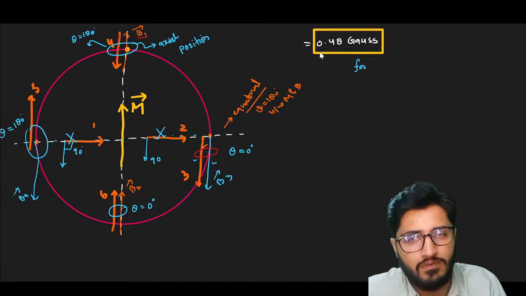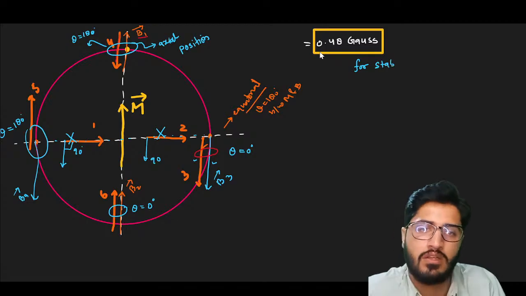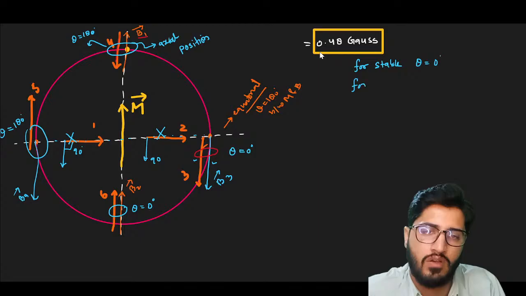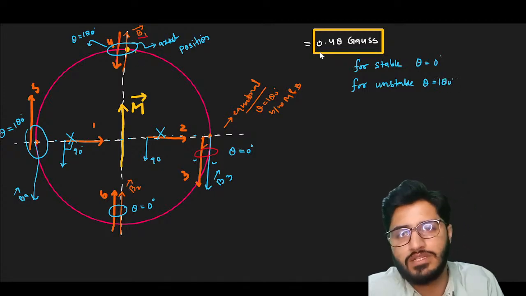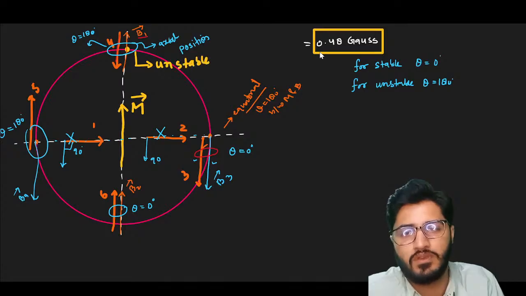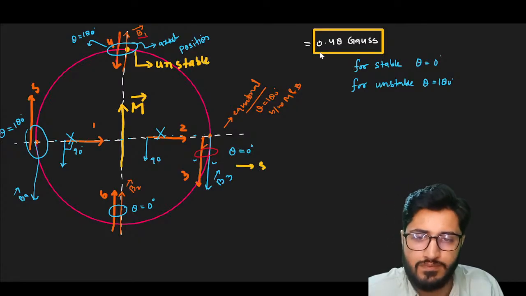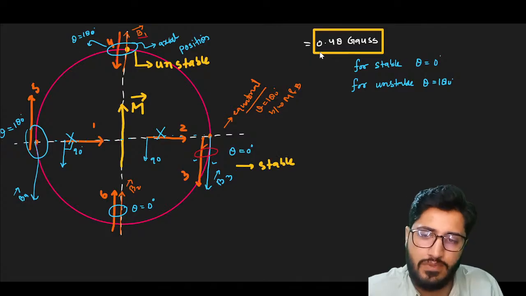For stable, theta is 0 degrees. For unstable, theta is 180 degrees. So now I guess you can comment. This one is unstable. This one is stable. This one is stable.